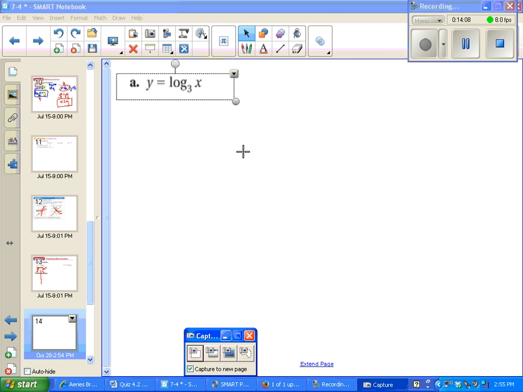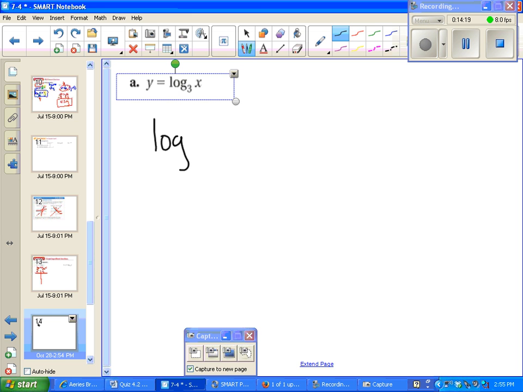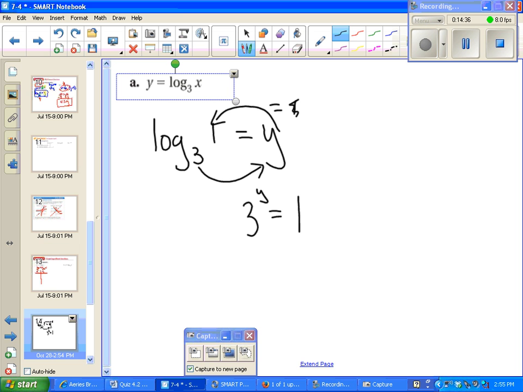What I'm about to talk about is true for every parent function of logarithms. The easiest number to plug into this is 1. Let's talk about why. This is going to equal something. We don't know what yet. Let's figure out why this is what I call easy. 3 to the something equals 1.